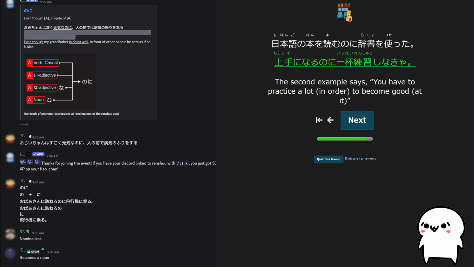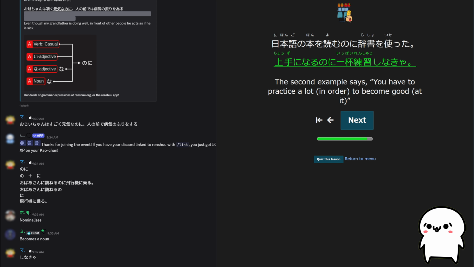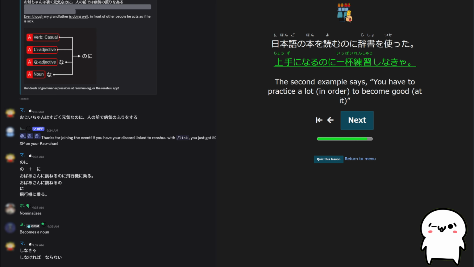And just in case you don't remember this one, what's shinakya? It's one of those ones that once you learn it, you can't stop using. So it's just fun to say, shinakya or tabenakya. It's shinakereba naranai. It's one of our numerous "I have to do this" expressions. It must be done. But you can take the shinakereba naranai and shorten it down in casual speech to shinakya.